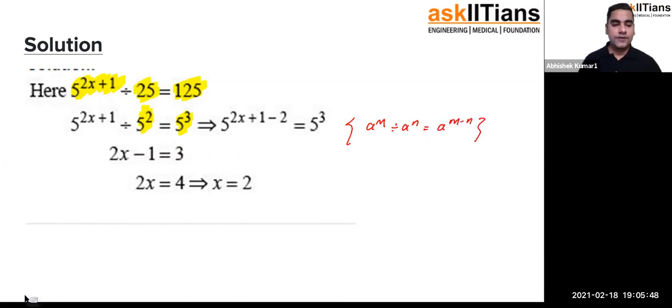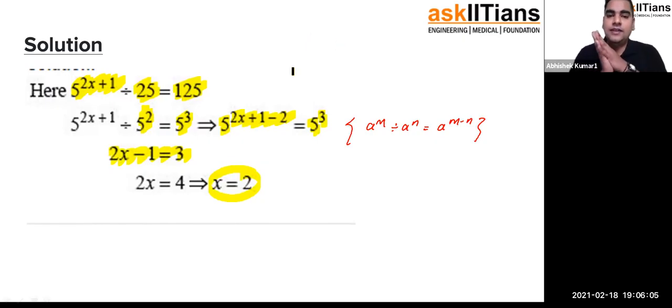So it can be written as 5 raised to the power 2x plus 1 minus 2, which is equal to 5 raised to the power 3. You will be getting 2x minus 1 is equal to 3, and thereafter solving it, you will be getting x is equal to 2, which is the answer here, or the value of x must be equal to 2 for this situation to be true. Clear?